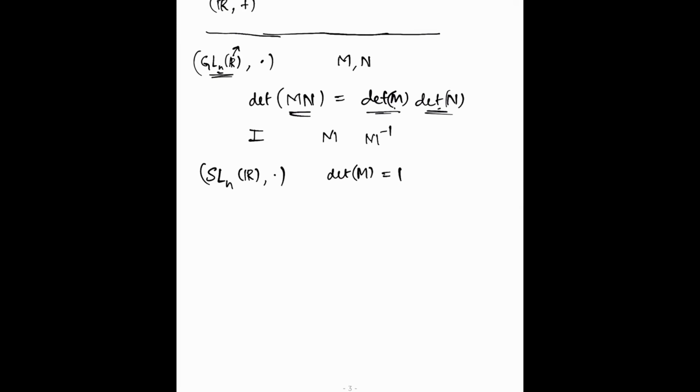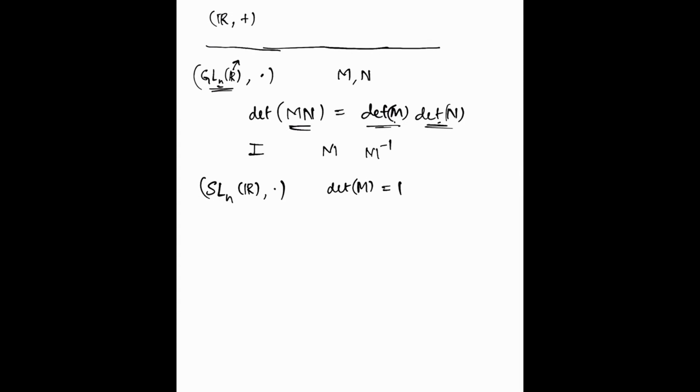Now, even more specific is this type of matrix called SONR, which is called the special orthogonal group. Special again means determinant is 1. Orthogonal here means, I'm sure you've seen how to change bases in your multivariable calculus.